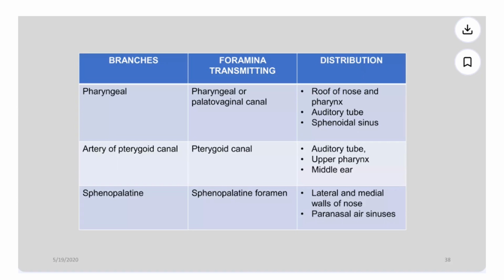It supplies the roof of the nose and the pharynx, auditory tube, and sphenoidal sinus. Artery to pterygoid canal passes through the pterygoid canal. It supplies the auditory tube, upper pharynx, and middle ear. Sphenopalatine artery transmits through sphenopalatine foramen. It supplies the lateral and medial walls of the nose and paranasal air sinuses.